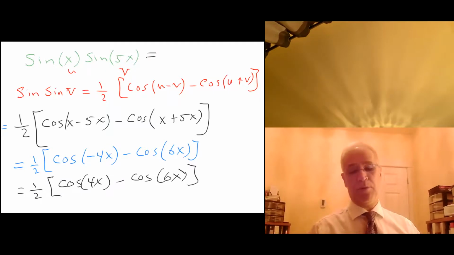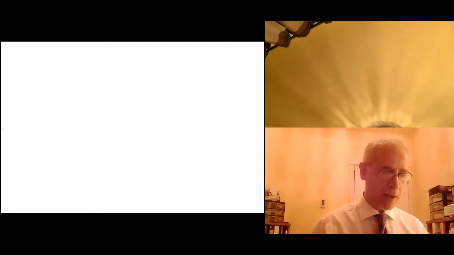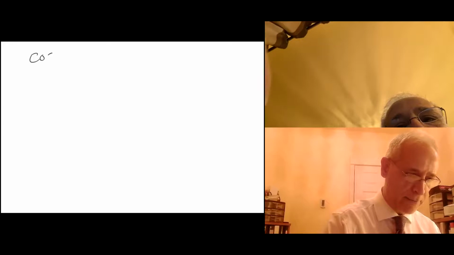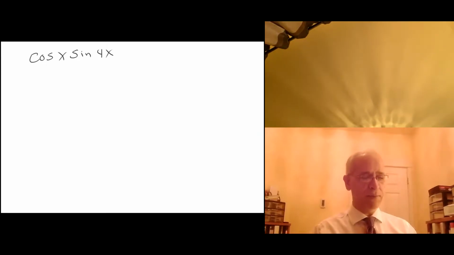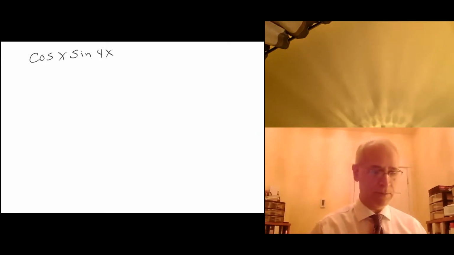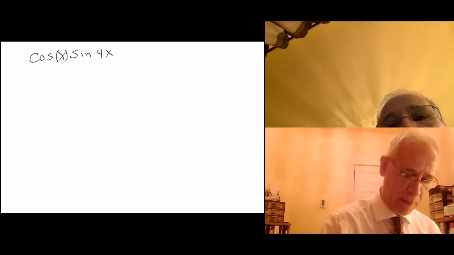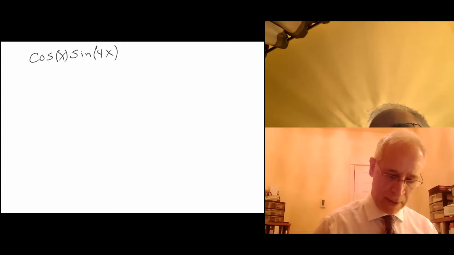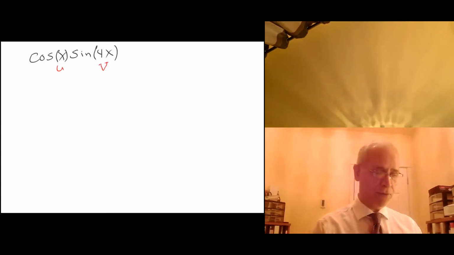Let's do one more. Go to the next page. So this time, let's do cosine of x sine of 4x. So the form is cosine of u, let me put parentheses here to make it a little bit more clear, cosine of u, sine of v. And what's the formula?